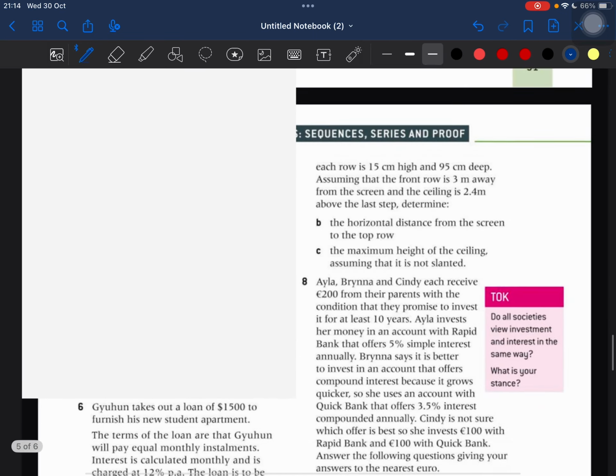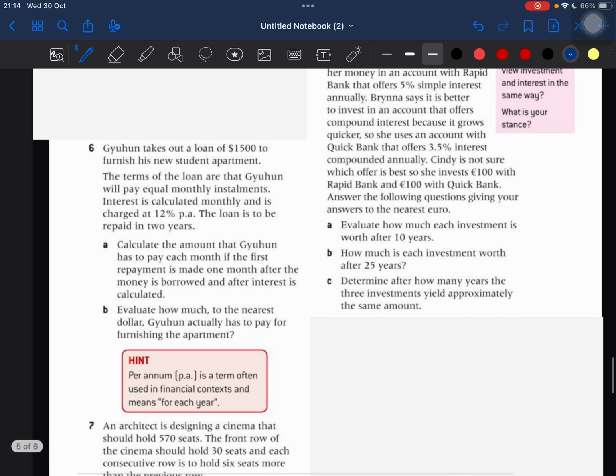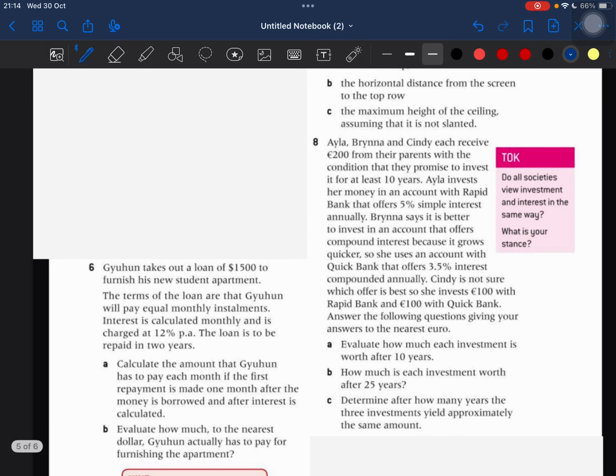Let's go to the next one. Kyuhun takes out a loan of 1,500 to furnish his new student apartment. The loan is repaid in equal monthly installments. Interest is calculated monthly, charging 12% per annum. So per year is 12%. So this is not changing.